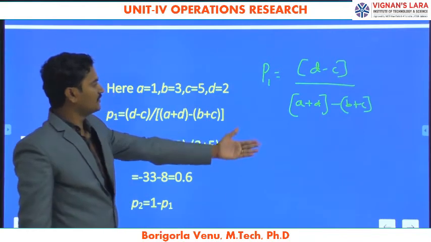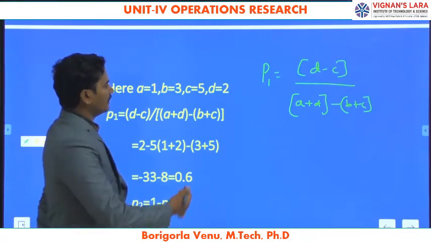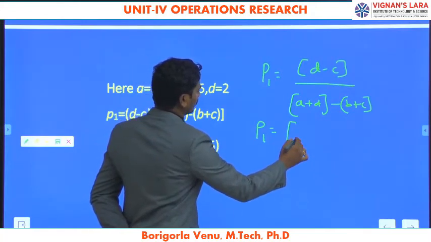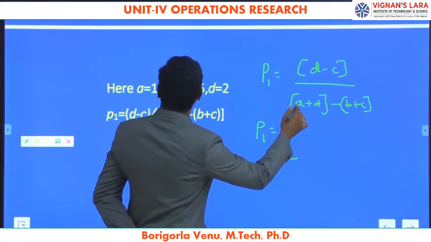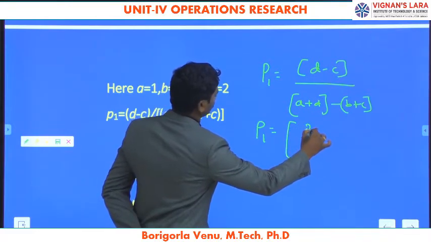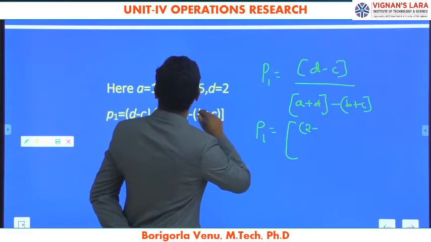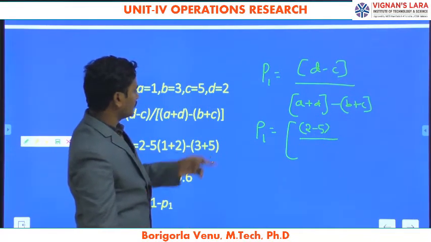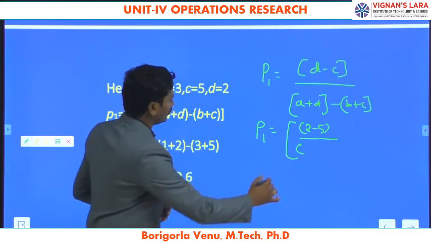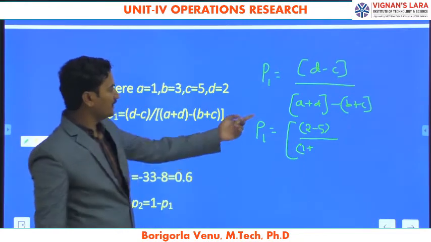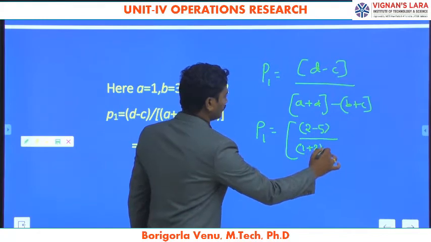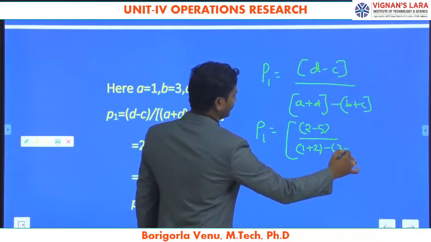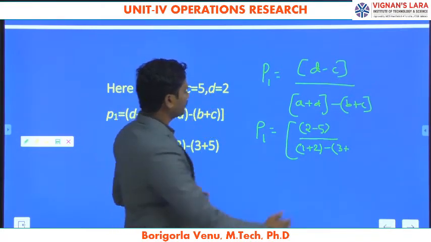We know the D value, C value, A value and B value, so I substitute those values from our matrix. D is 2 minus C, which is 5, divided by A, which is 1, plus D, which is 2, minus B, which is 3, plus C, which is 5.